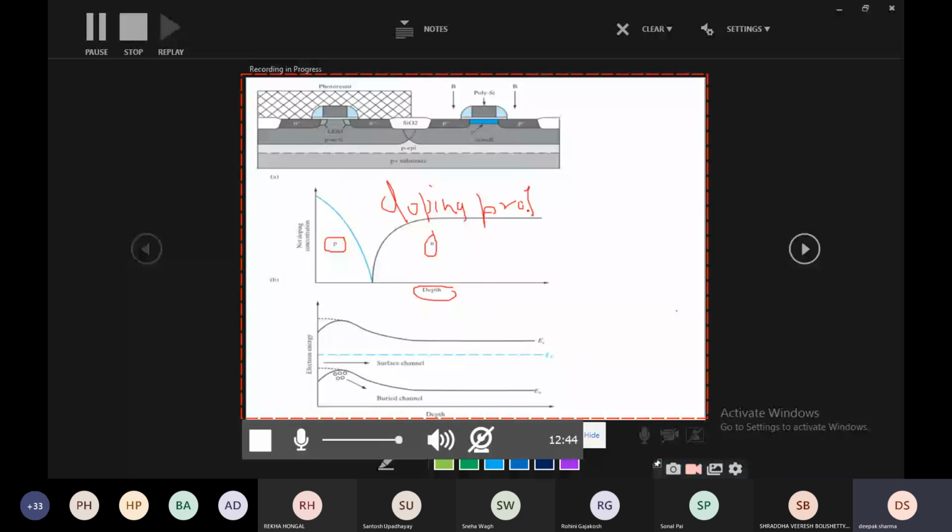So what do you mean by doping profile? For P type MOSFETs or P channel MOSFETs, how will be the doping profile or doping concentration? And for N channel MOSFET, how will it be?